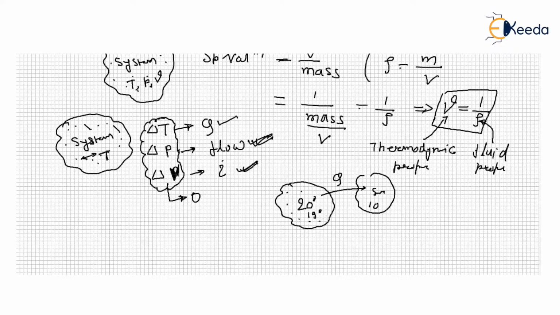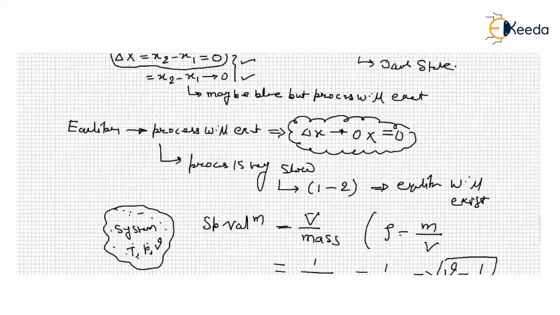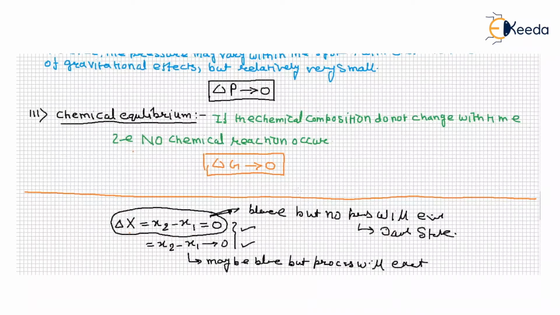When it is 18 degree throughout, that means all the time the system property will remain the same. That's why there is no gradient or driving force in terms of heat within the system. Such a system is known as thermodynamic equilibrium. In a thermodynamic equilibrium, the property tends to zero. Why? Because the system will execute.